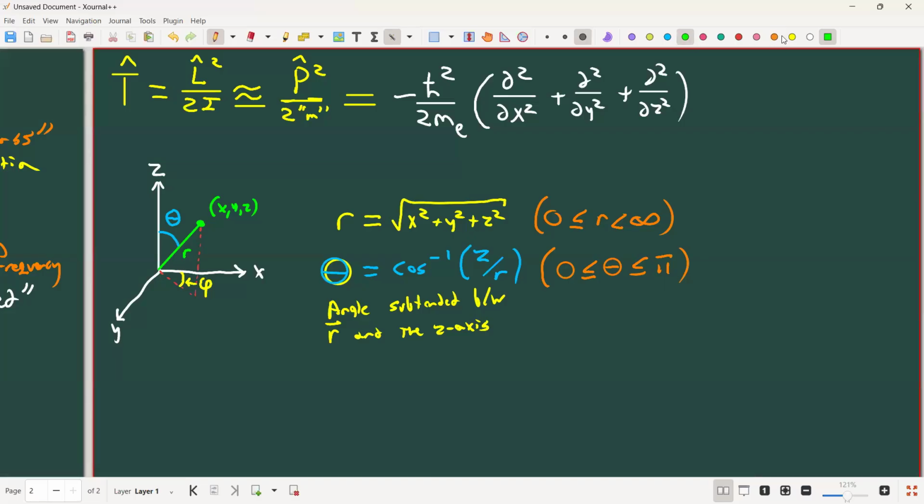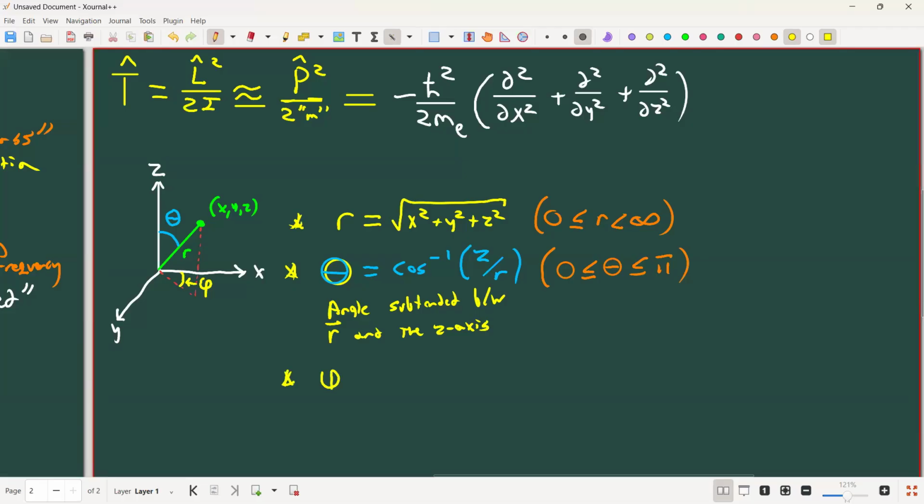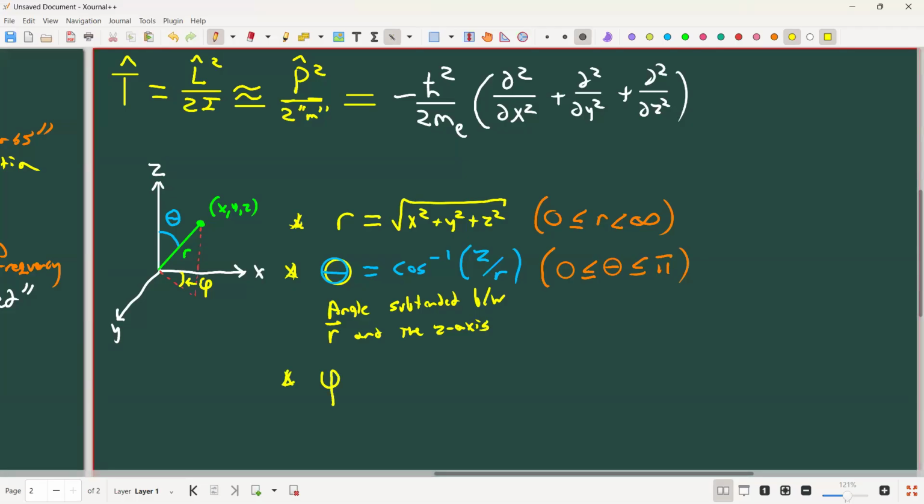Okay, and then finally we have phi. It depends on who you ask. Mathematicians, I don't know if this is true, you guys remember from multivariable, I think mathematicians put phi here. It's the angle between y and r. But physicists put it on x. Kind of a weird notation. But I find it useful to use x because I think y is kind of like the pariah of the coordinate system. X and z are the superior ones, so we're going to use them.